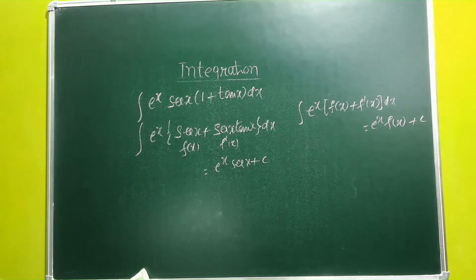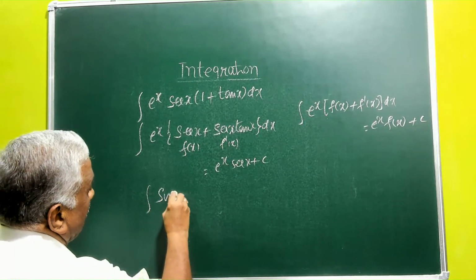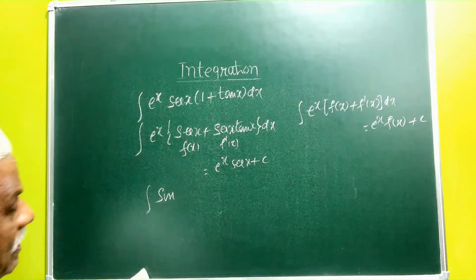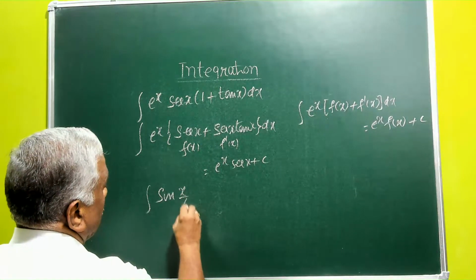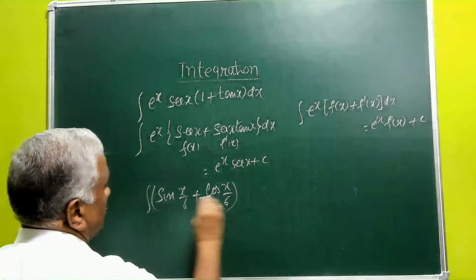The next problem. This is given just to confuse you. Sine of x by 6 plus cos of x by 6, dx.